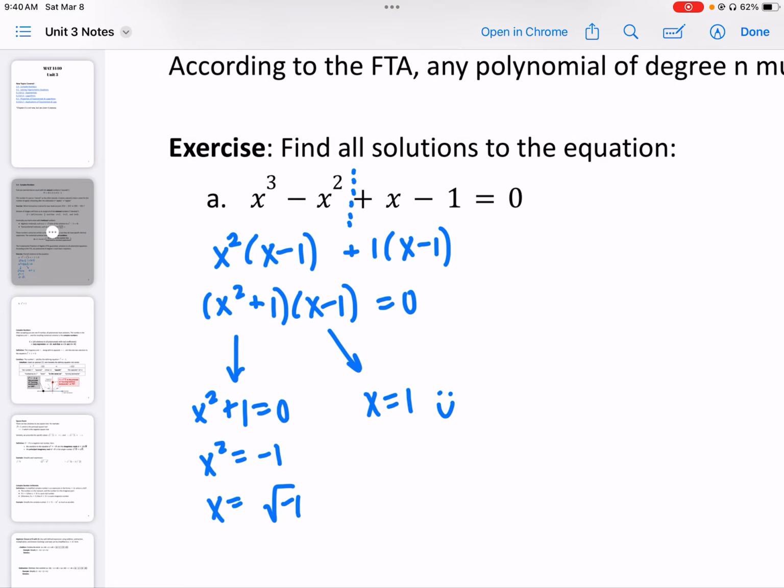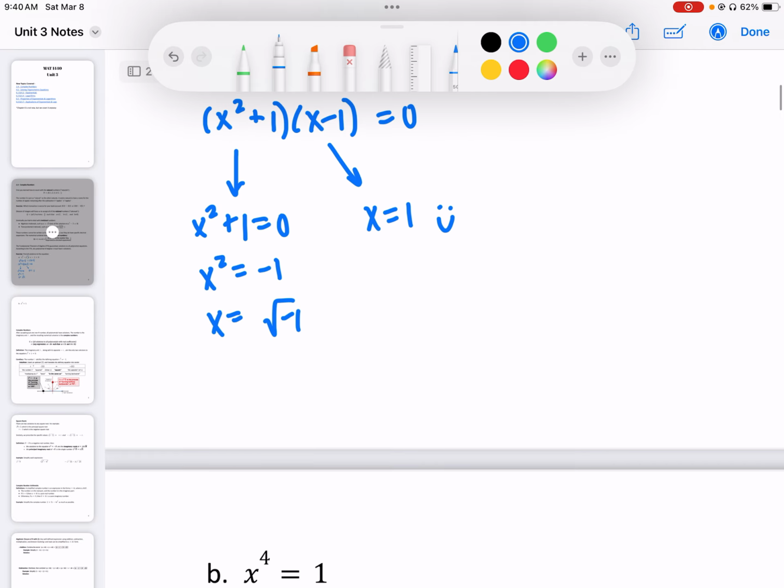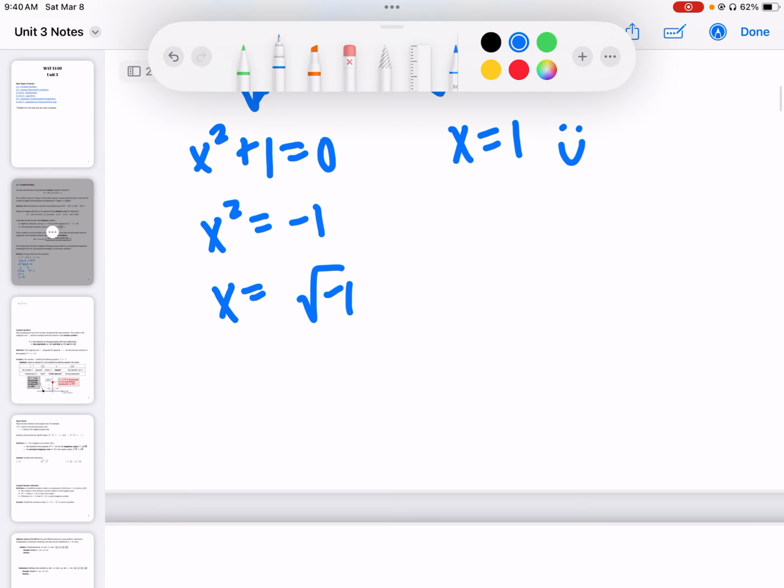Now, the left side is what we're going to end up calling a complex number. All these years we've been telling you you can't have negative roots. Well, actually, you can. The square root of negative 1 is equal to i.